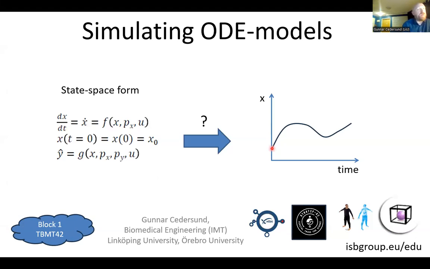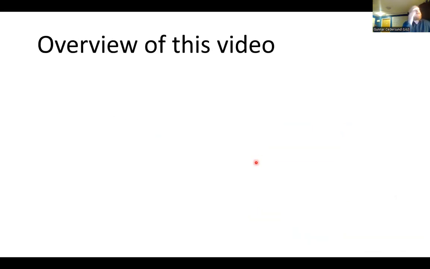It's not obvious, and typically you cannot find an analytical solution, so you need to have a numerical solution. And this is a big field of itself, but it has matured by now, so that for normal ODE models, it's not at all as much of a problem as it was maybe 2 decades ago, 3 decades ago.